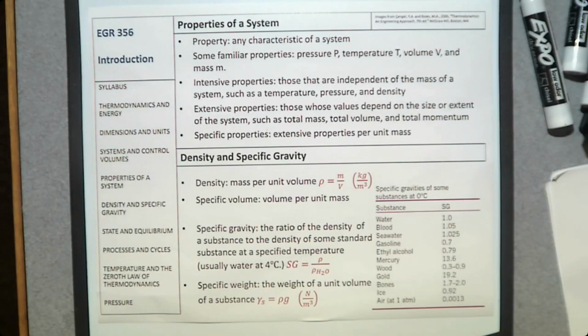For example, temperature. If you want to convert temperature to an extensive property, you can multiply by mass, but mass times temperature doesn't mean anything in science. So we prefer to use intensive property over extensive property when we solve a governing equation.